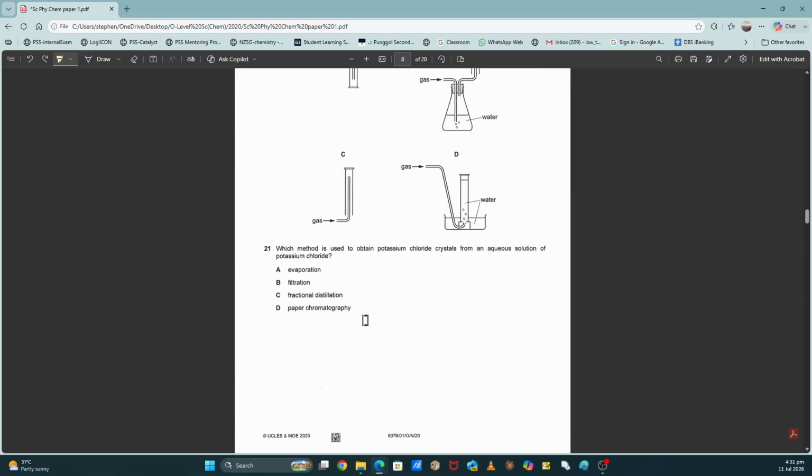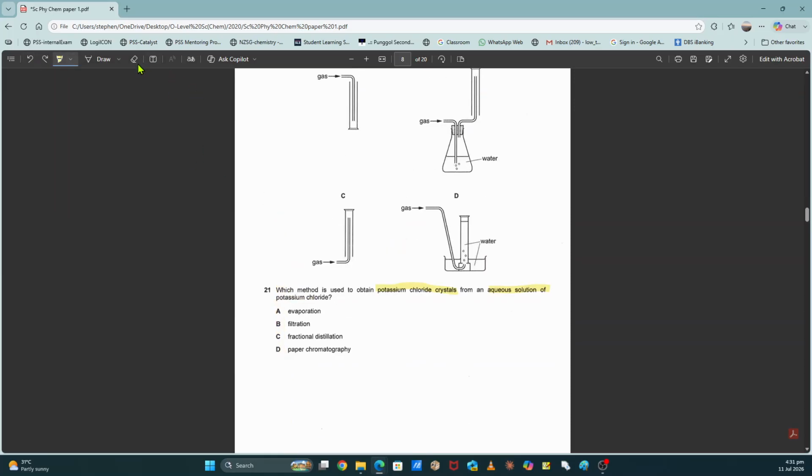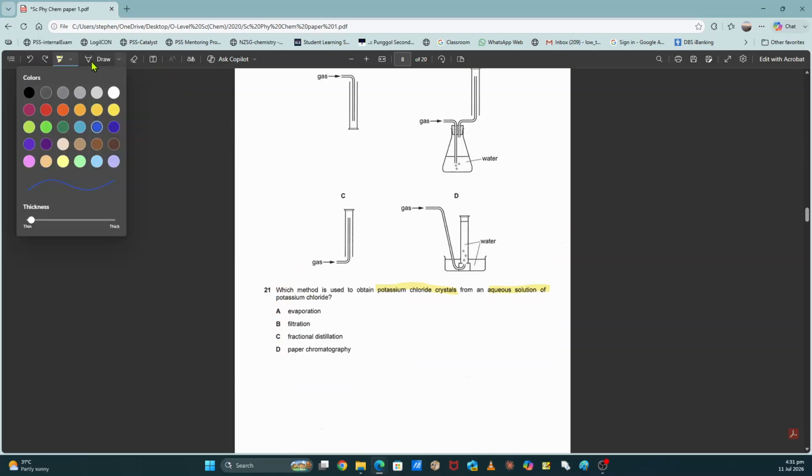Second question, which method is used to obtain potassium chloride crystals from an aqueous solution of potassium chloride? It may look very difficult, but actually it's not. Again, I pause for a while to let you think.